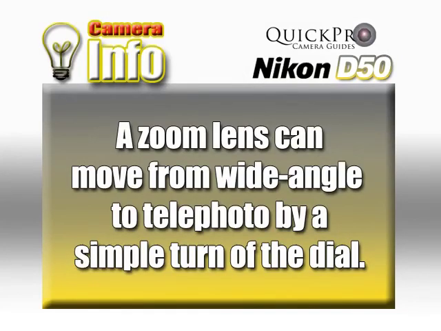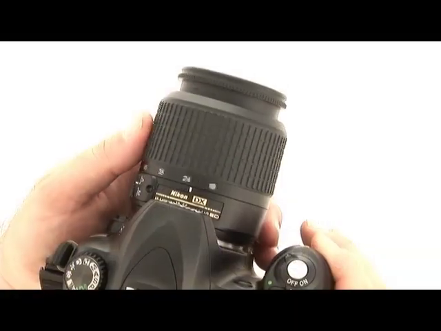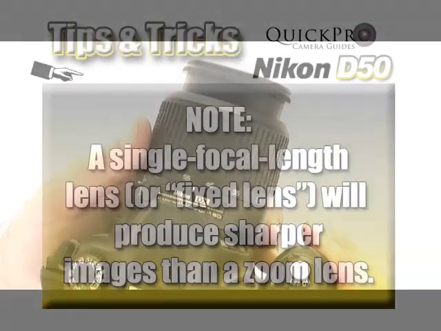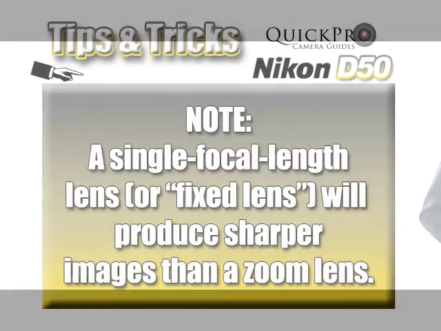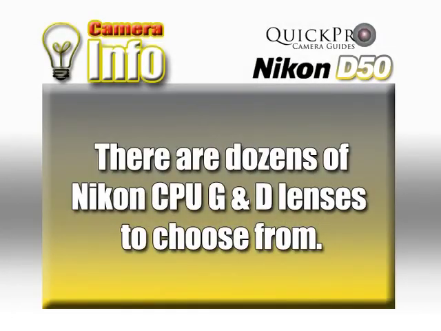A zoom lens is very common and can move from one focal length to another by simply moving the dial. A great advantage of a digital SLR is that you can attach different lenses depending on the circumstances. There are dozens of Nikon lenses to choose from.